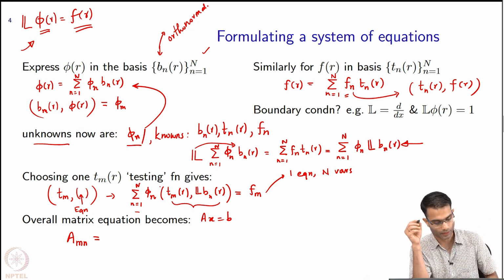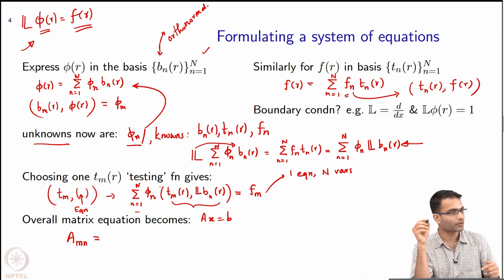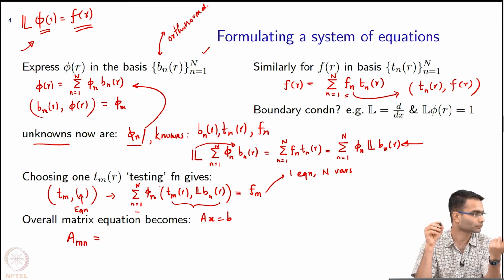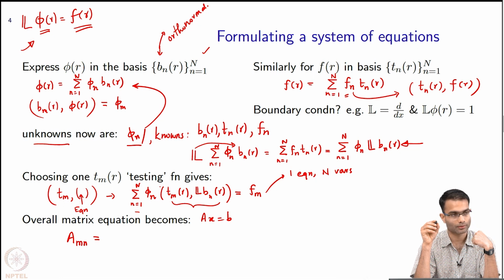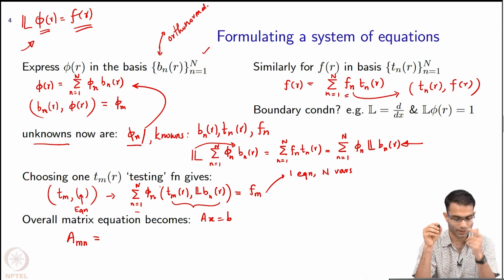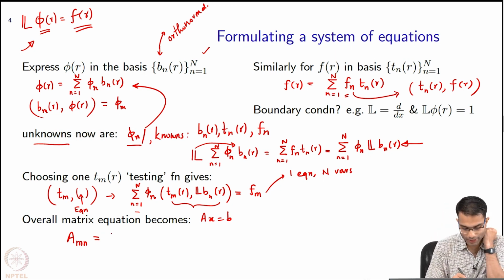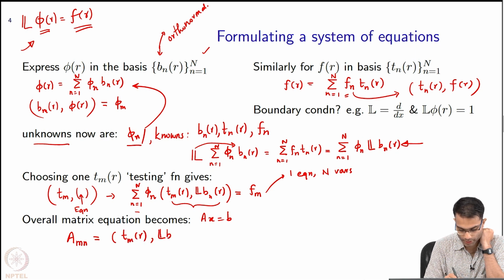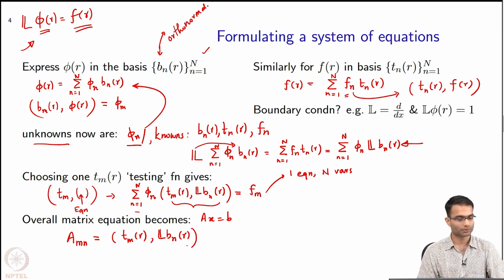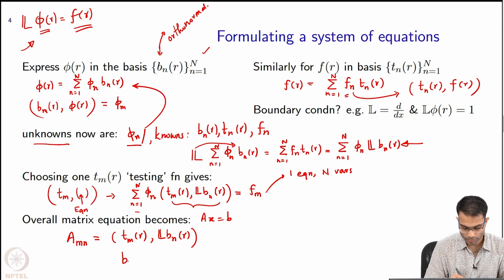So, A m n, the mth row will come when I choose the mth testing function, and what will give me the nth column? The nth basis, right. So, in fact, the A m n is already written for you on the slide. It is t m of r, L b n of r, that is the mnth element, and what is the b m?